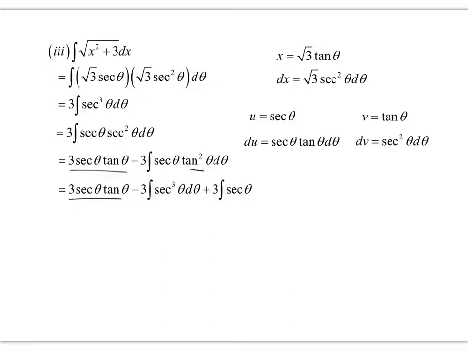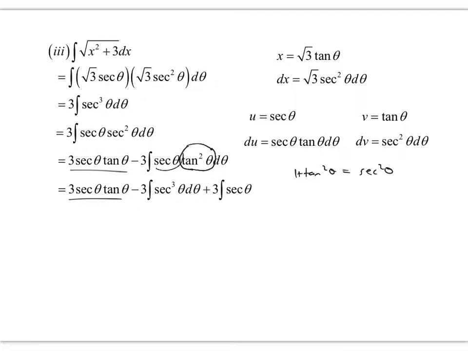Tan squared theta is 1 plus sec squared. Sorry, not 1 plus sec squared. Let me just rewrite that. So we end up getting 1 plus tan squared is equal to sec squared theta.